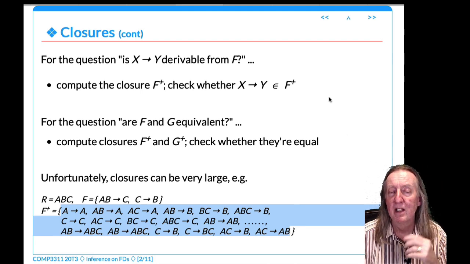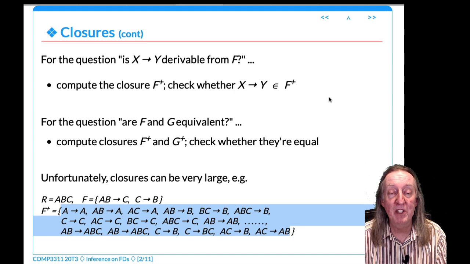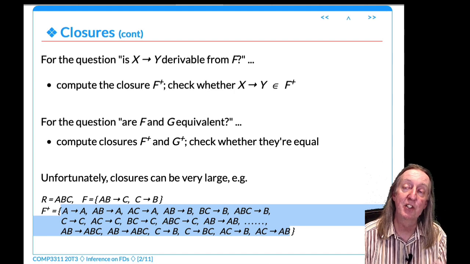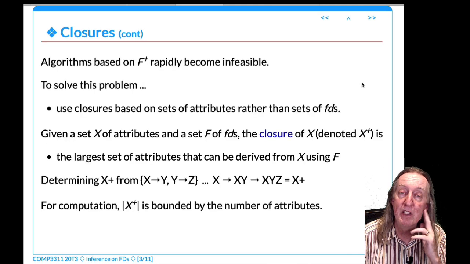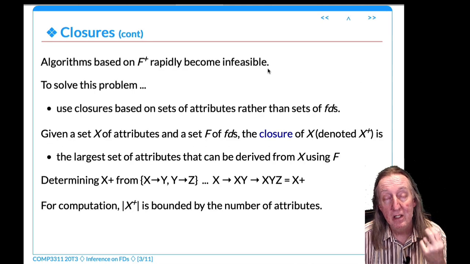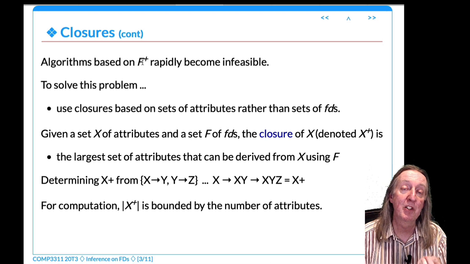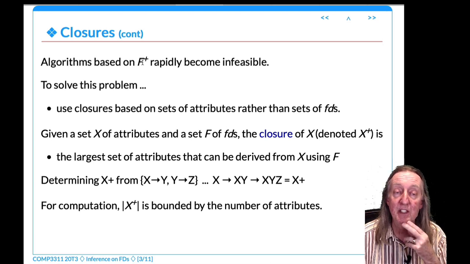So having a computation that involves a very large set is generally not a great way to do things. So it's generally not going to be possible to do a closure on a set of dependencies.